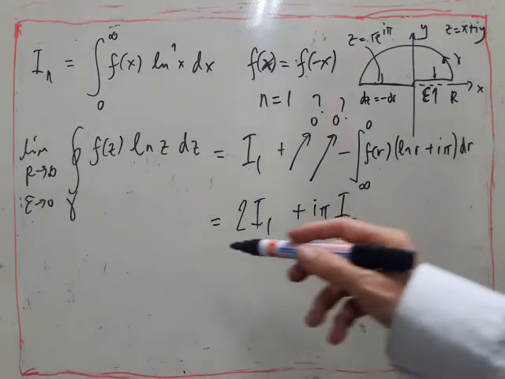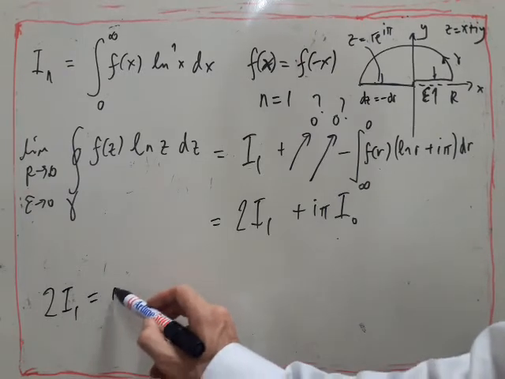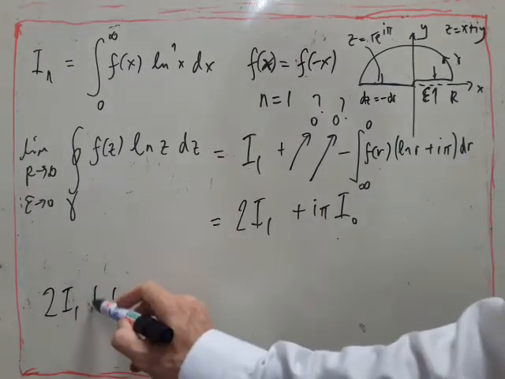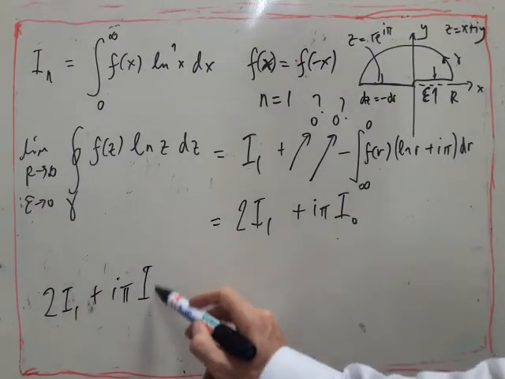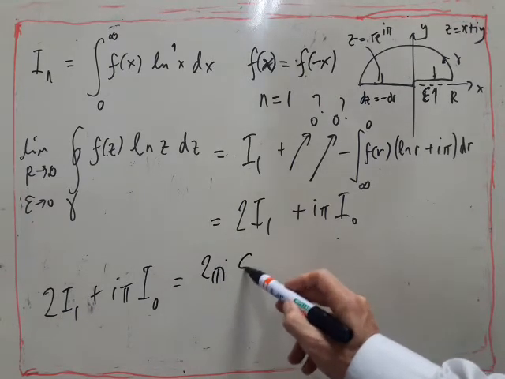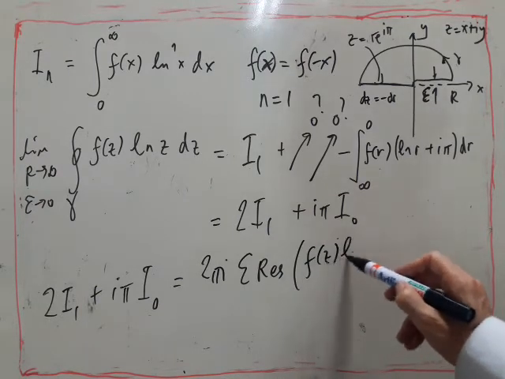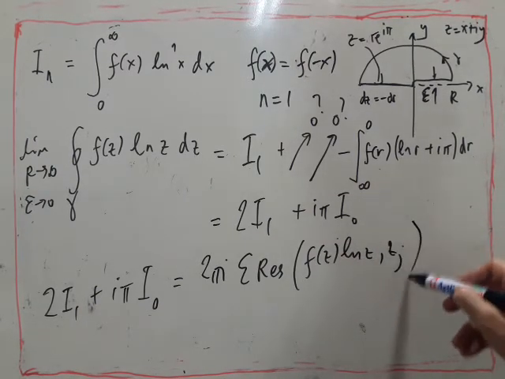So I've got 2 I1 plus i pi I0 is equal to 2 pi i times the sum of the residues of f of z log z.